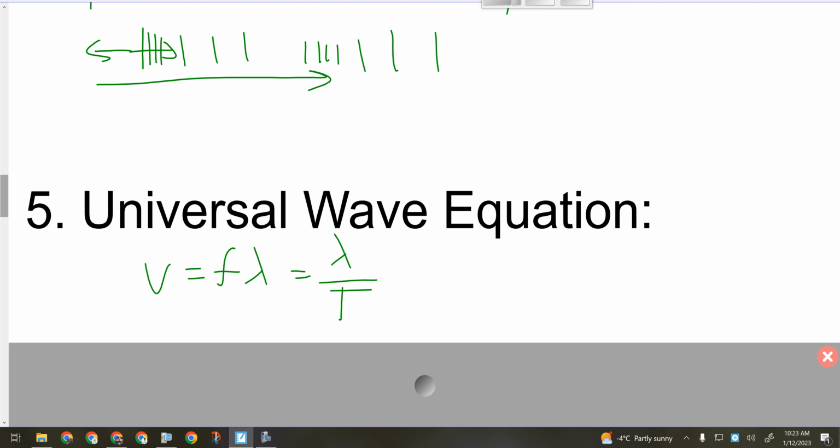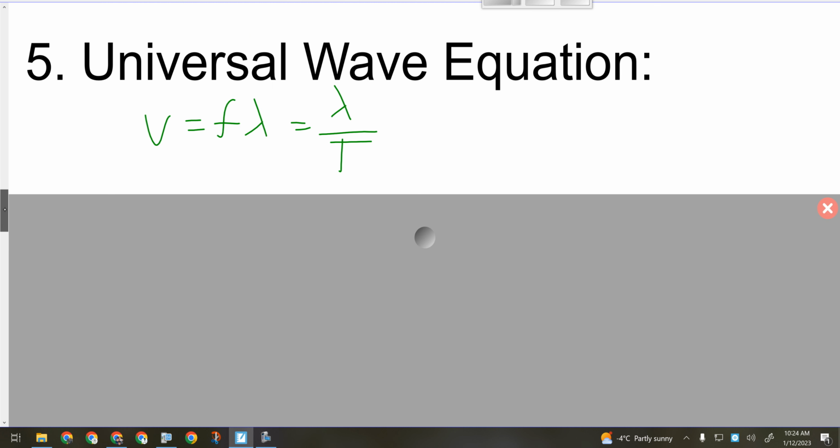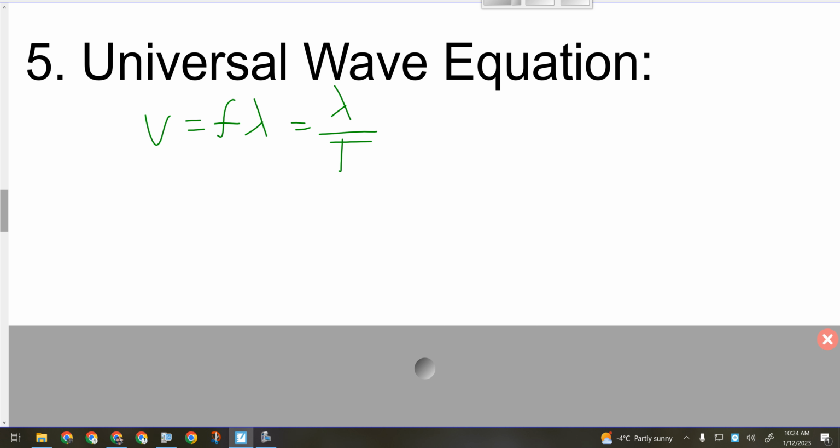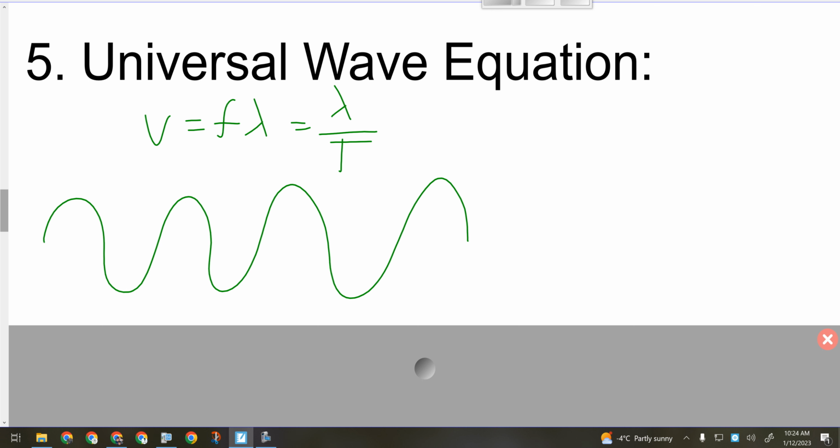Now, the tricks that could happen with the universal wave equation could have something to do with this. How many waves are there? 3? 2.5? 3.5?